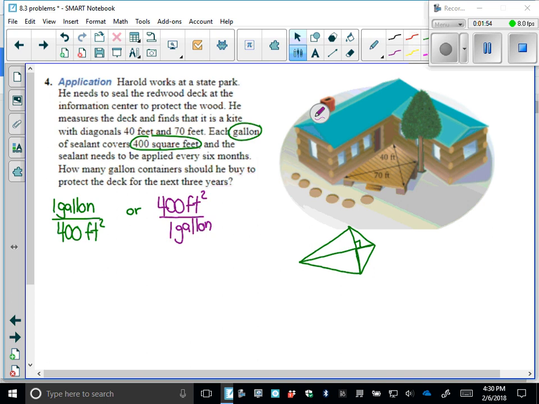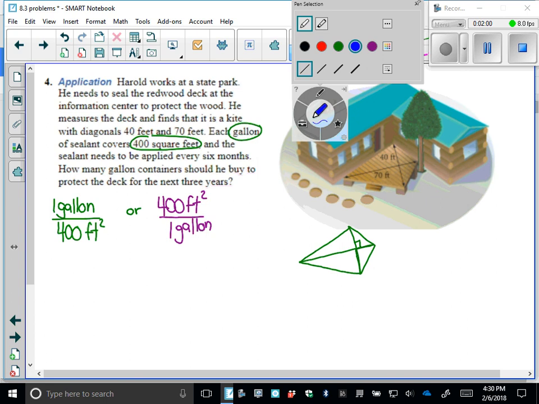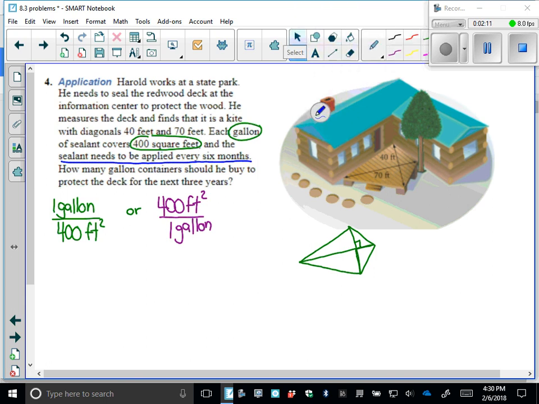And you have to apply this sealant every 6 months. So that's important information. So the question is, how many gallon containers should he buy to protect the deck for the next 3 years?